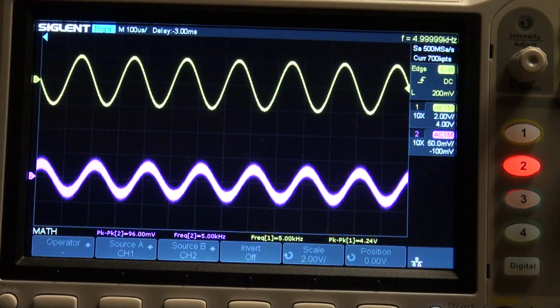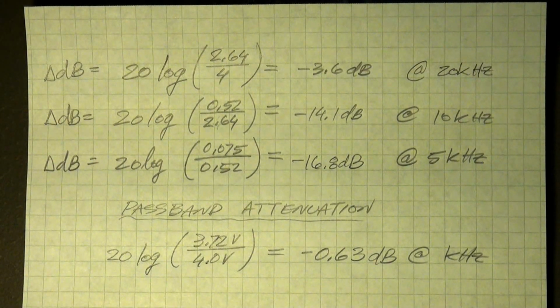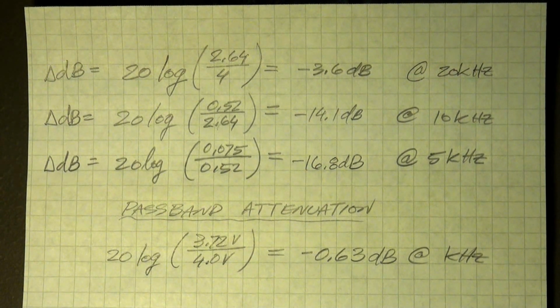We'll do a few computations to see how that corresponds to an 18 dB per octave drop. Okay, I've done some gain change calculations from the oscilloscope measurements that we had.